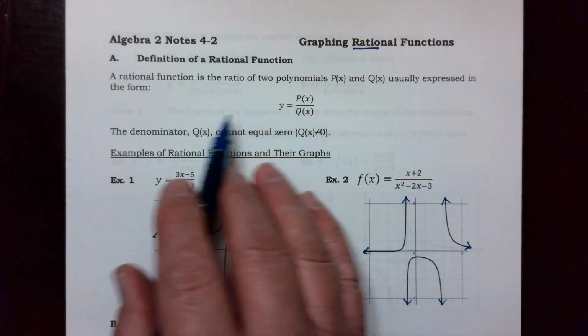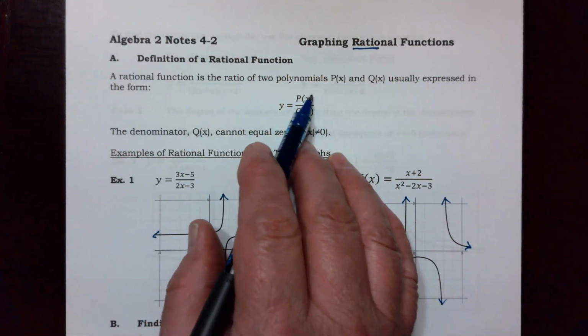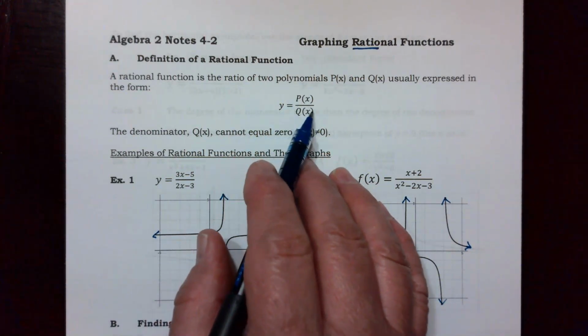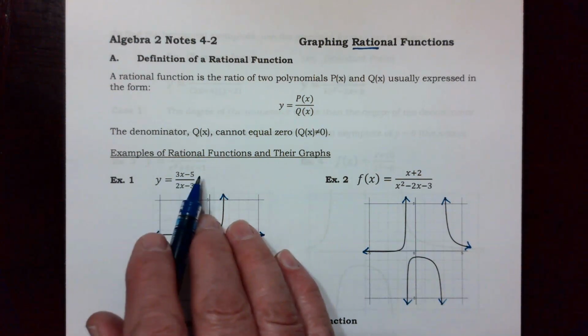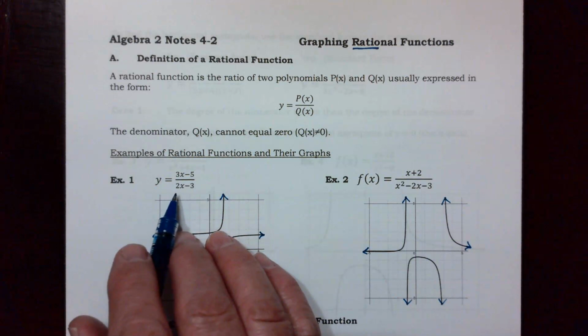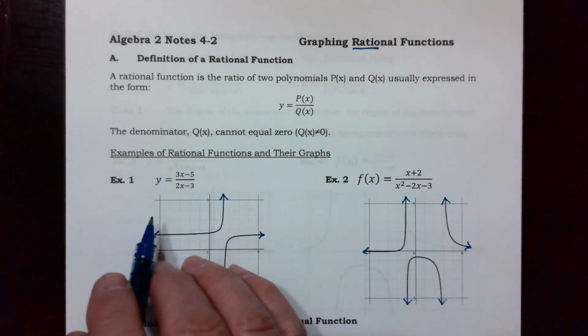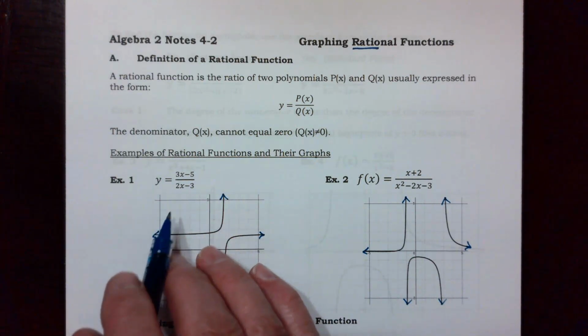Now, to be a rational function, the y has to be some function of x divided by another function of x. So you have an expression on top, in this first example, 3x minus 5, and you're dividing it by another expression, 2x minus 3. These are both linear, since the x's are to the first power.